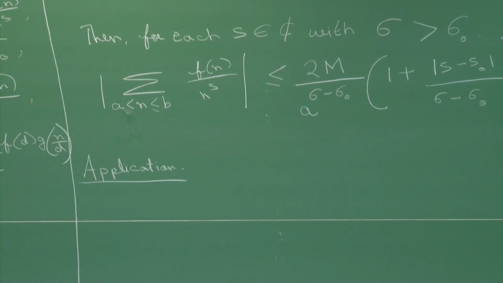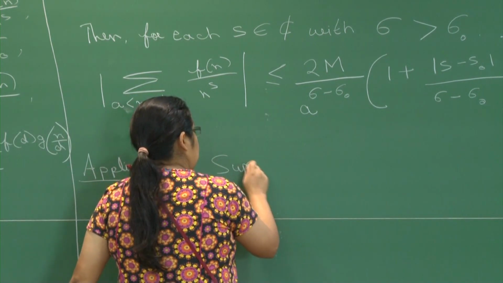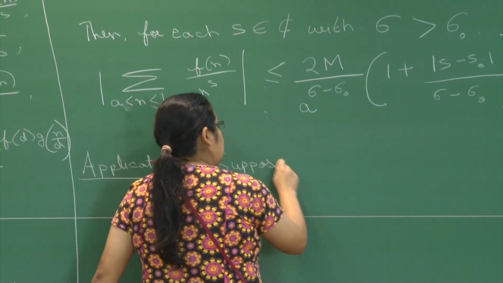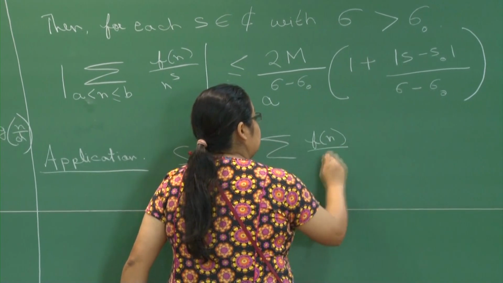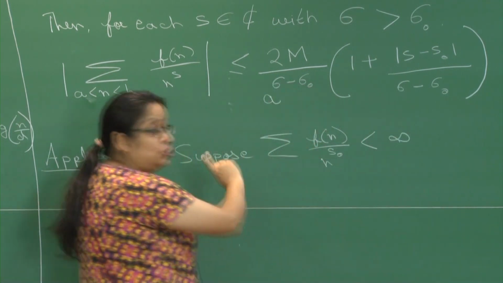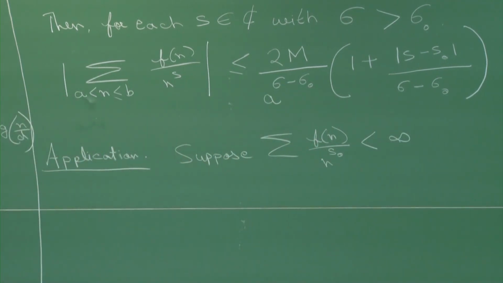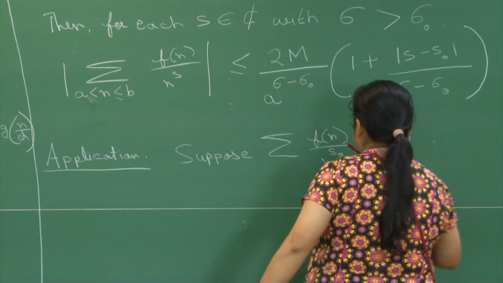So suppose you have a series that converges. I am not talking about absolute convergence, I am saying that it converges at some s0.